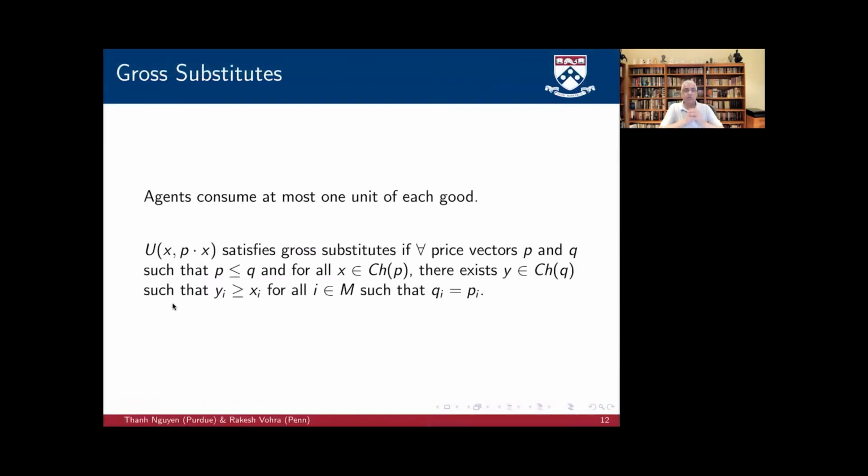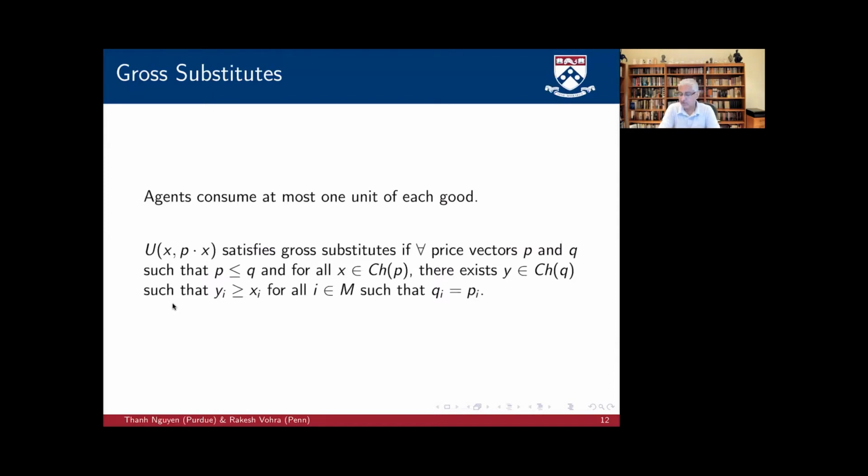Let me remind you of what gross substitutes is. Agents consume, again, at most 1 unit of each good. And basically, gross substitutes says, look at a bundle X that maximizes your utility at price vector P. Now raise the price of one of the goods.